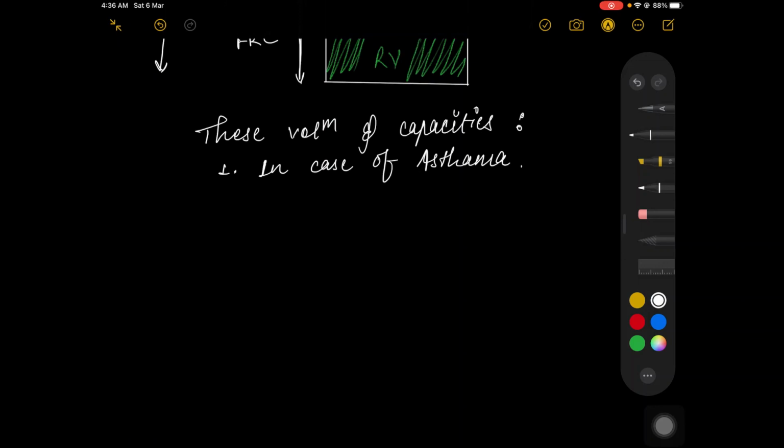So in case of asthma, these volumes are really useful in diagnosing the pathological state.